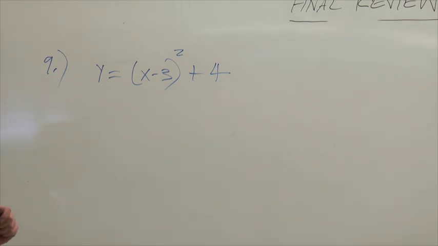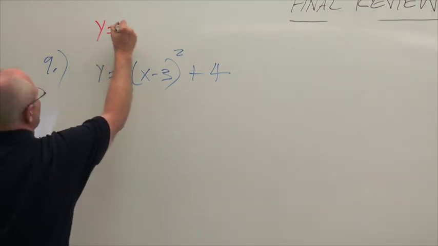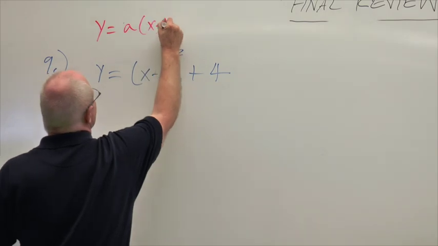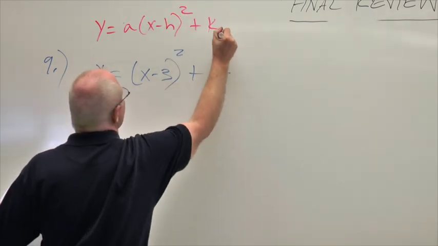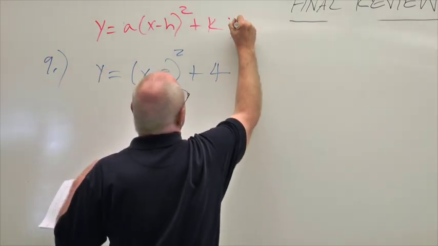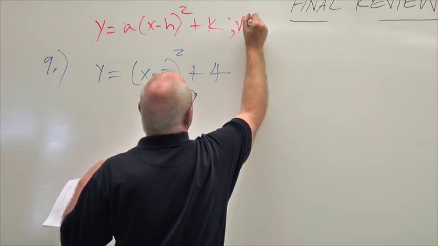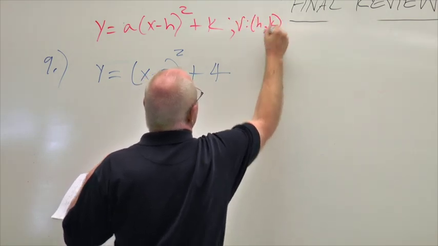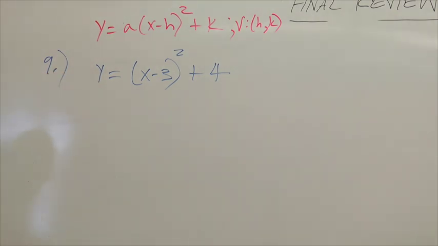Isn't that the vertex form? You guys remember that? y equals a times (x minus h) quantity squared, plus k, where the vertex is at (h, k). Did that ring a bell?